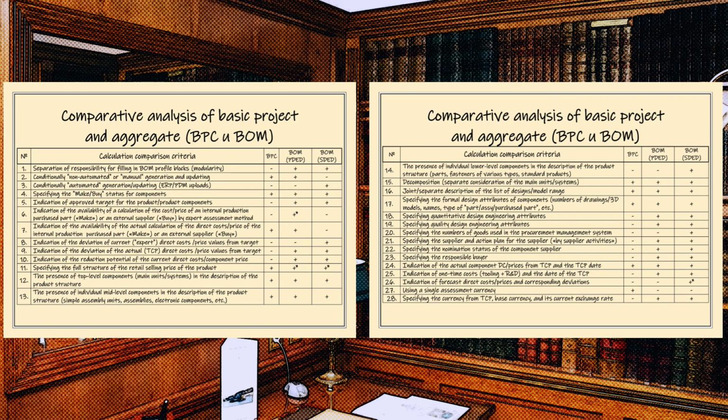Criterion 14. The presence of individual lower level components in the description of a product structure: parts, fasteners of various types, standard products. The presence of lower level components in the structure means, first of all, the presence of hardware and so on.